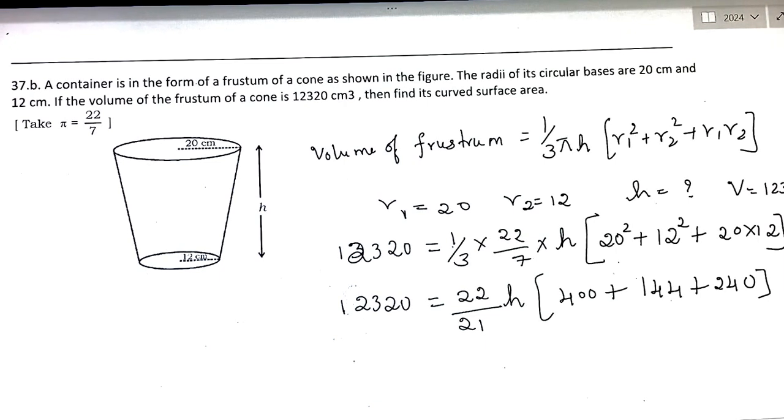Okay, so that is 12320 into 22 into 21 h. So 400 plus 144 plus 240 is nothing but 784. Okay.